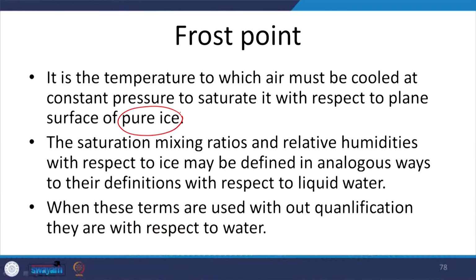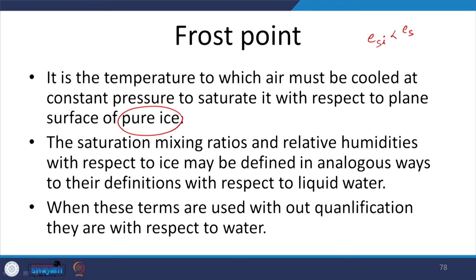So, the point is it will take more energy to melt the ice, and then subsequently this melted ice or water becoming vapor and attaining equilibrium with the surface, right. So, obviously, the vapor pressure due to ice, ESI, will always be less than ES due to surface of water, right.